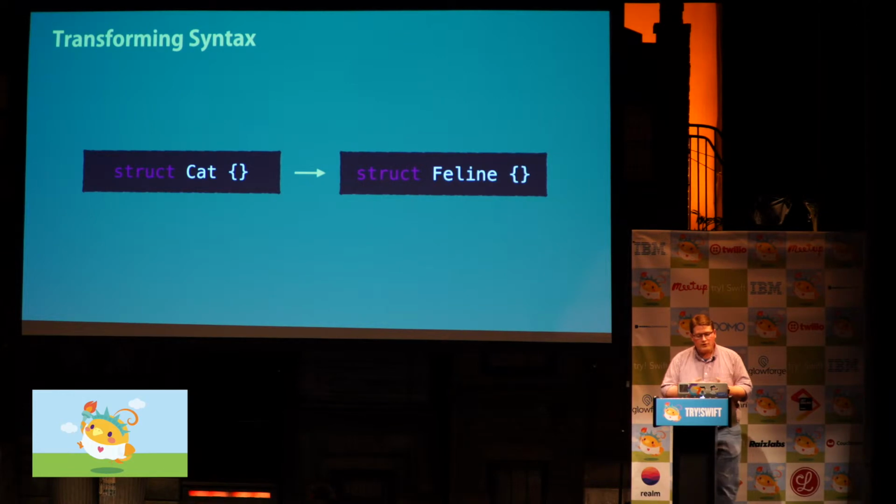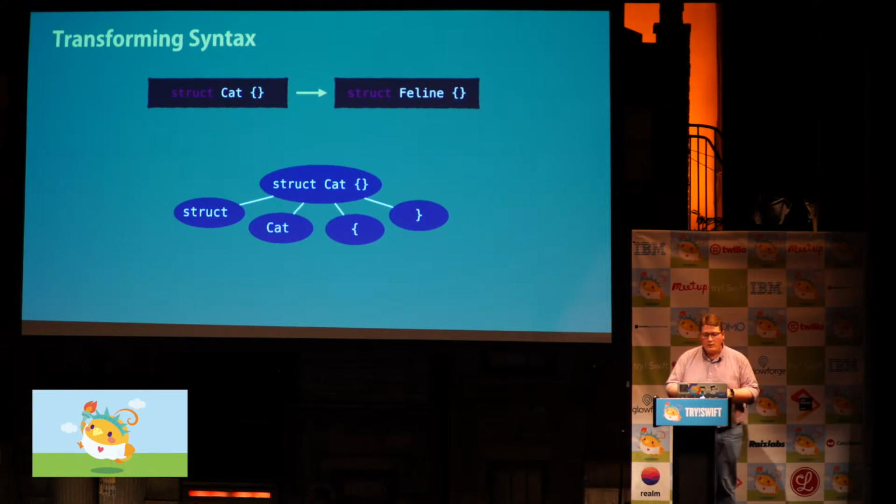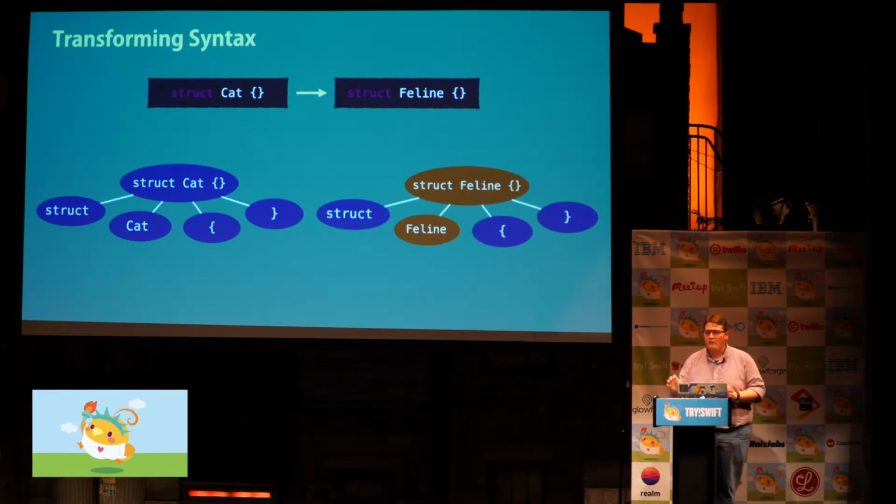So let's say we want to rename this struct from cat to feline. So recall how we parsed the tree. We have each token and the formatting and spaces around it. So if we want to rename it, we create a new identifier, feline. Well, what we've actually done by making this new identifier is we've created a completely different tree that represents a different source file.